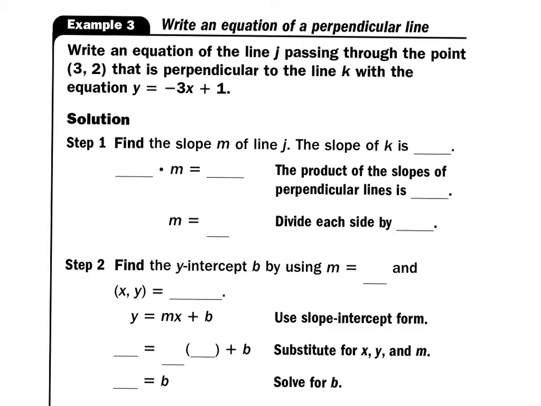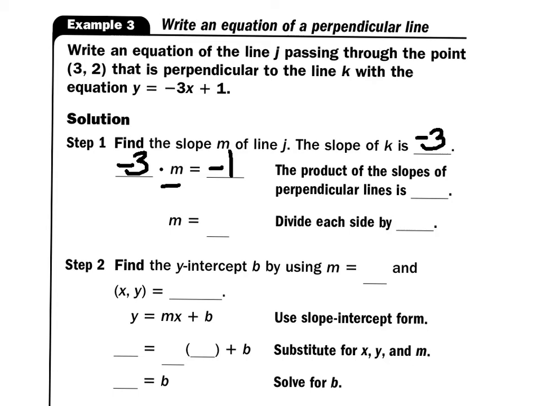Write an equation of a perpendicular line. Okay, first we need to find the perpendicular slope. So the first slope of this is negative 3. For a perpendicular slope, the other slope, when we multiply it by, has to equal negative 1.